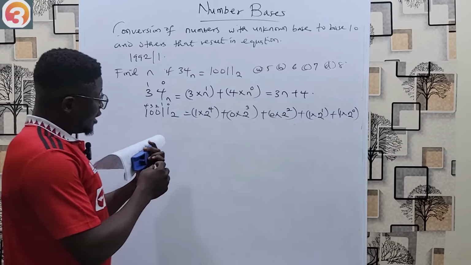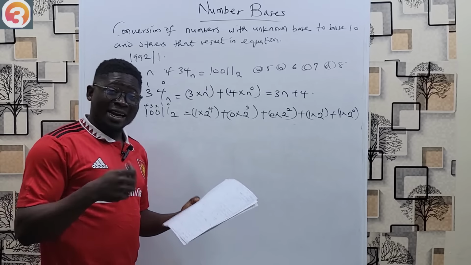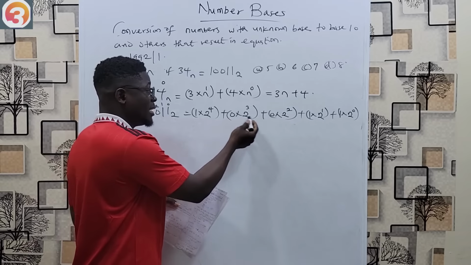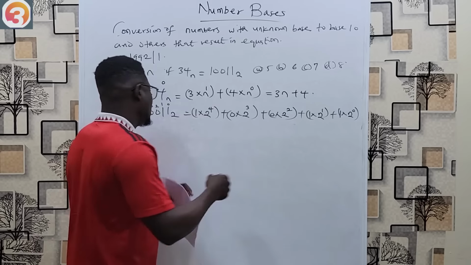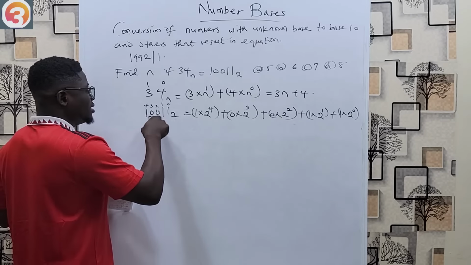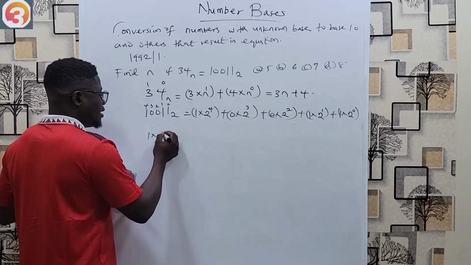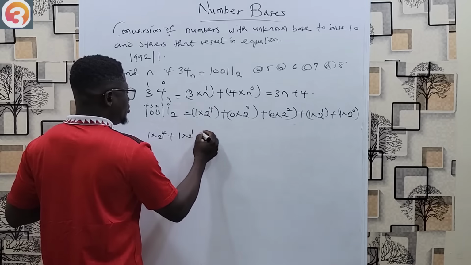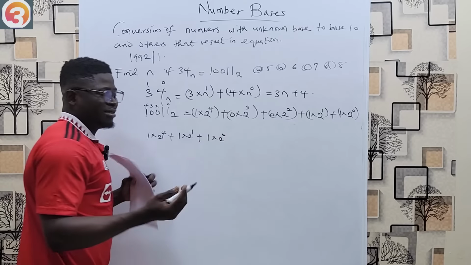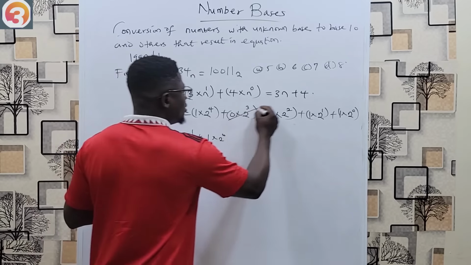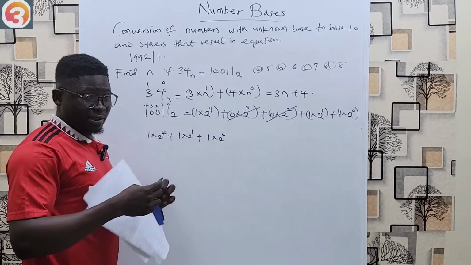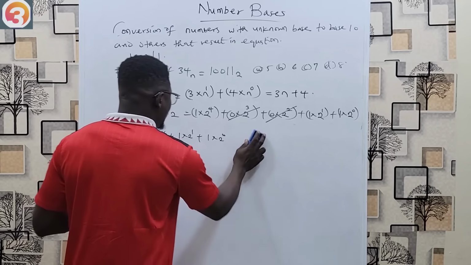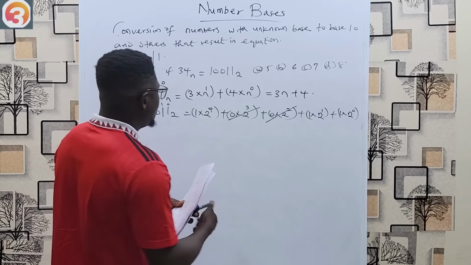Now, if I was the one writing this JAMB, because I've already understood that anything multiplying 0 is 0, I will skip these zeros. I'll just say 1 times 2 raised to power 4, I'll skip the 0 terms, then plus 1 times 2 raised to power 1, then plus 1 times 2 raised to power 0. That will not be the variable, because this one is already 0, this one is already 0. You get? It's just to make you faster. But you first of all need to know what you are doing before you do that. All right, so let's do that.